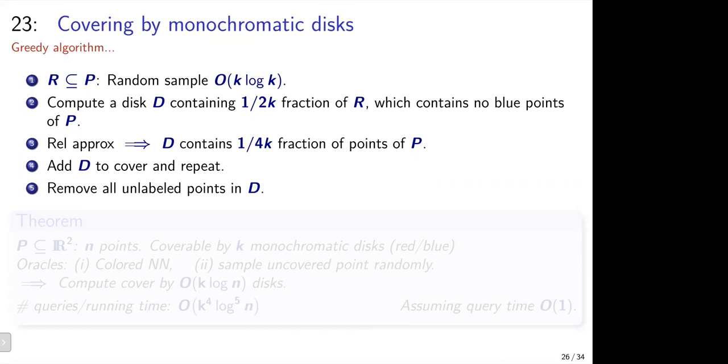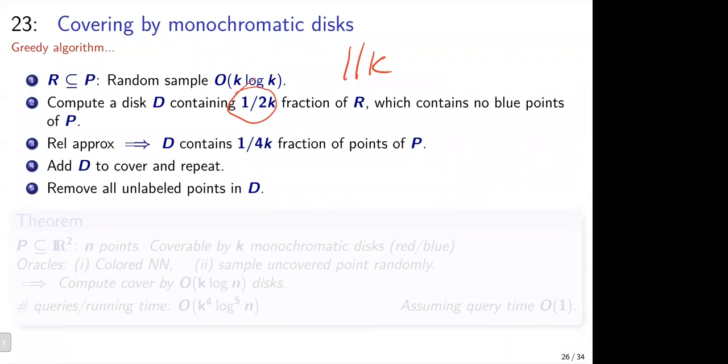So in our case, you need a sample of size k log k, and then you essentially say, okay, if there is a k-disk cover of everything, then there must be a disk of size 1 over k that is monochromatic for the unlabeled points. As such, my relative sample must have a heavy disk that covers 1 over 2k fraction of the sample, and they're all the same color.